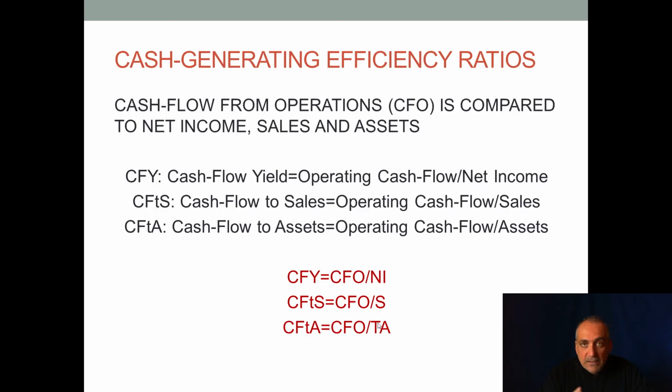But again, the basic thing you have to know is that in a cash flow statement, you get three components: operating cash flow, financing cash flow, and investment cash flow. The sum of the three is the change in the available cash resources to the company between year one and year two.